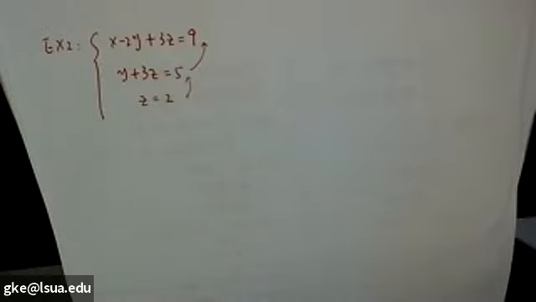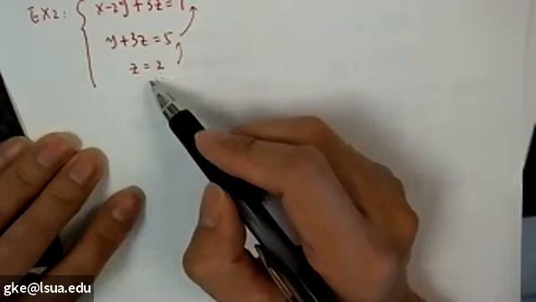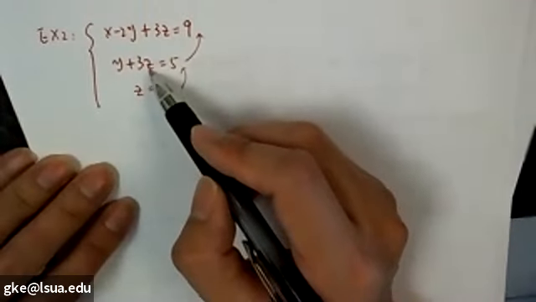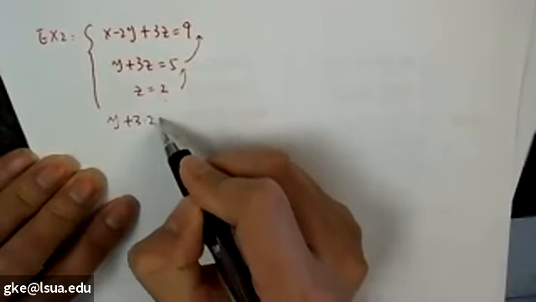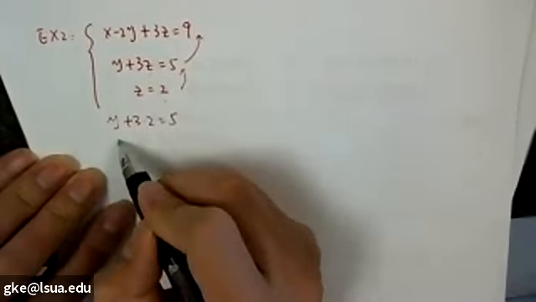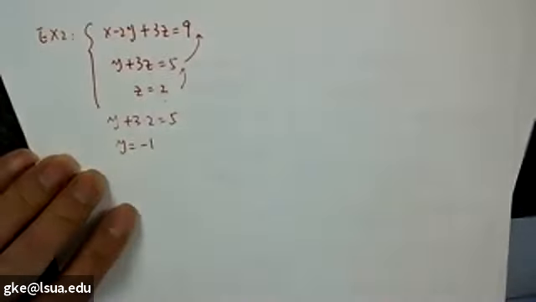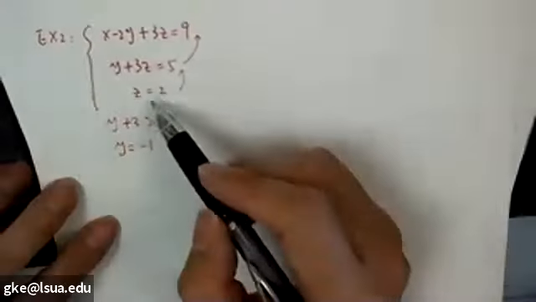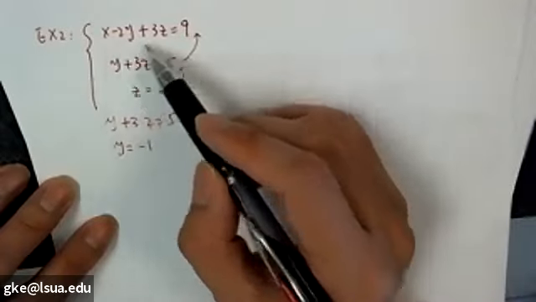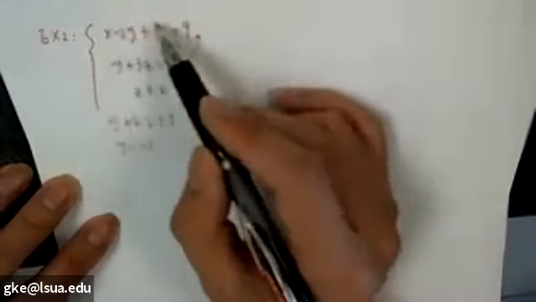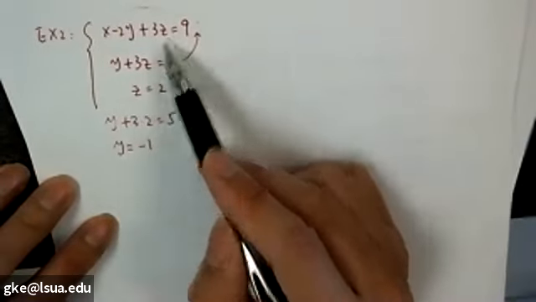So let's move on. Here we just need to substitute z equals 2 into this equation, and we solve for y, and y equals -1. So we got z and y. We just need to substitute them into equation 1. Substitute y, substitute z.